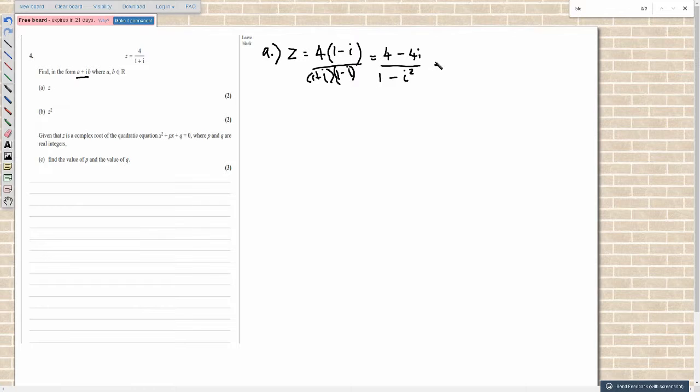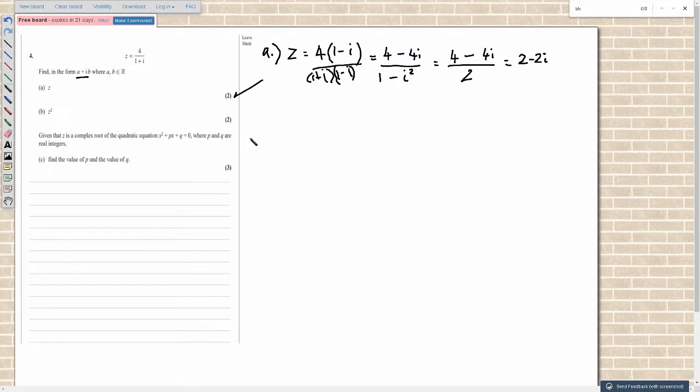Now remember, i squared is minus 1, so minus minus 1 gives me 1. So this will be 4 minus 4i divided by 1 plus 1, so divided by 2. This simplifies to 4 divided by 2, so 2, minus 4i divided by 2, minus 2i. So z equals 2 minus 2i, and that's part A done for 2 marks.